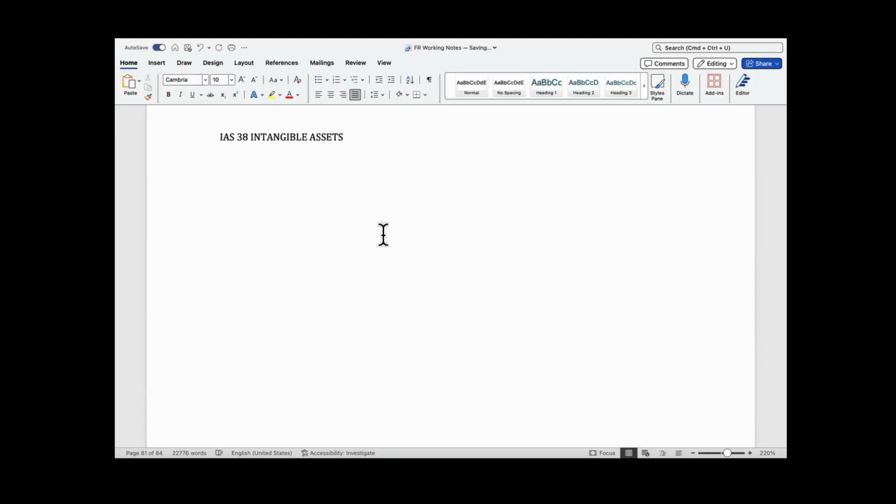Now, today we are looking at intangible assets. If you remember vividly what property, plant, and equipment is, you would remember that it's defined as any tangible item. This is the opposite of that. This one is intangible, and the name is so straightforward.